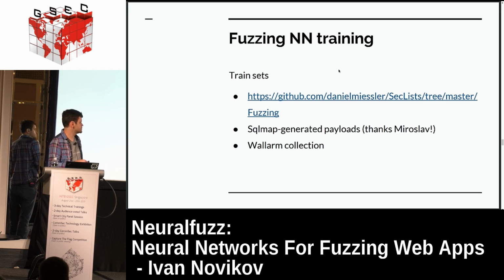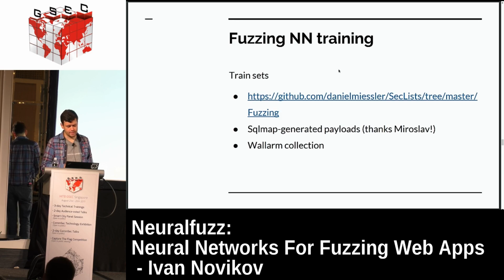My suggestion is to use this super cool GitHub project called SecLists, because inside this project we are able to find the fuzzing folder with a lot of tests for fuzzing and a lot of payloads inside.